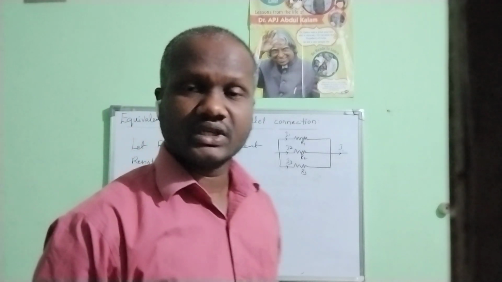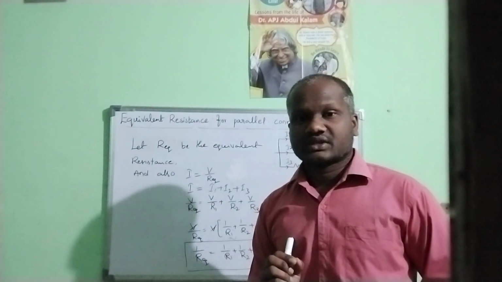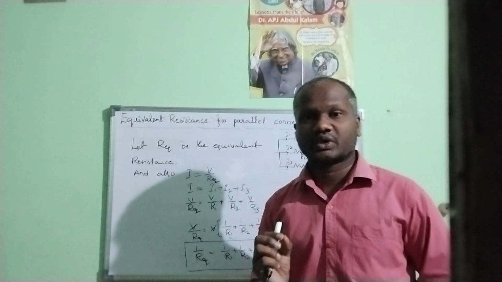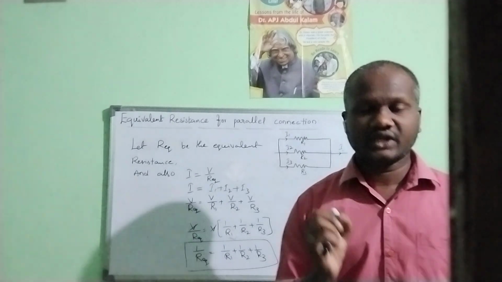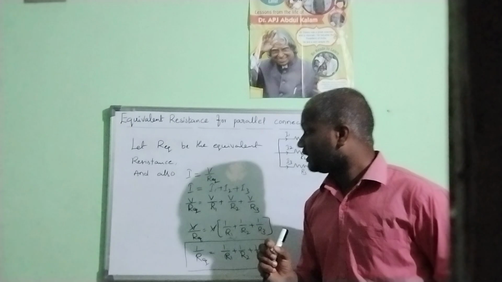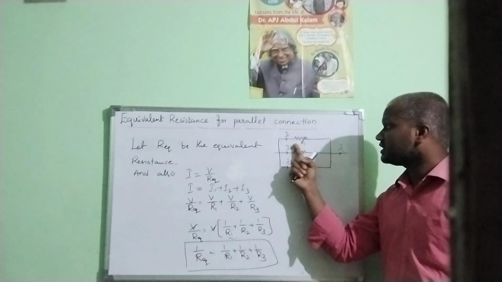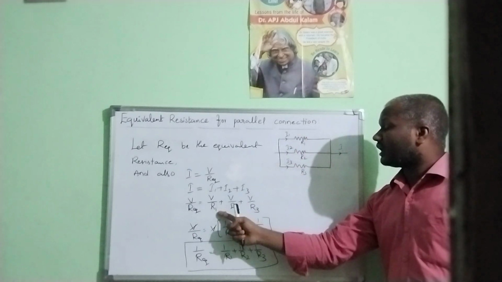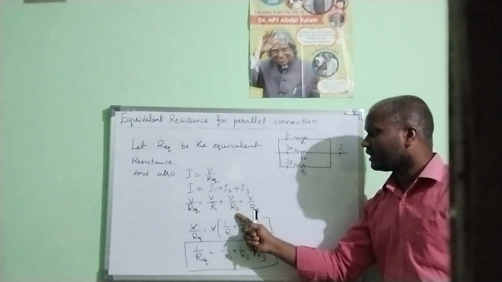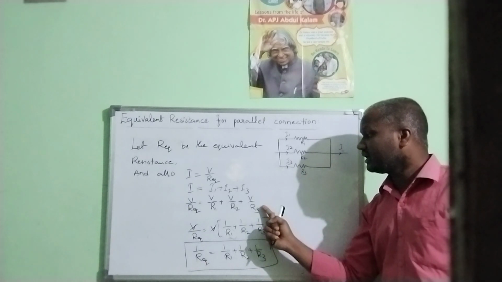To summarize: when the resistors are connected in parallel, the potential difference is the same at the ends of the conductors, so we take it as V, and by using Ohm's law we get I1 is equal to V by R1, I2 is equal to V by R2, and I3 is equal to V by R3.